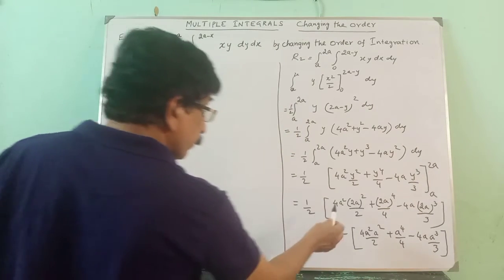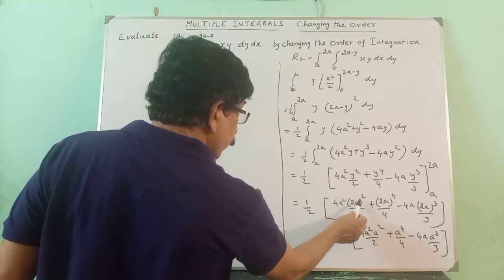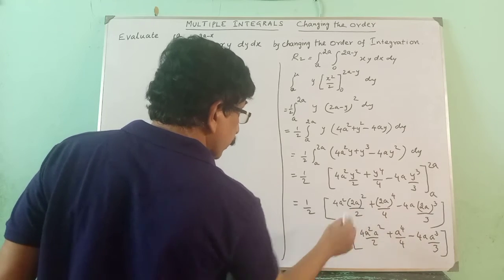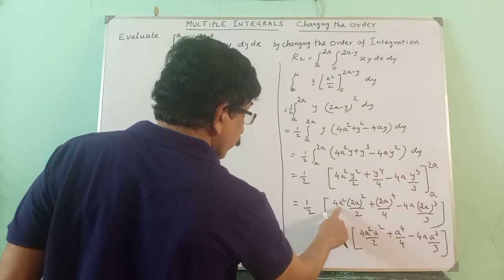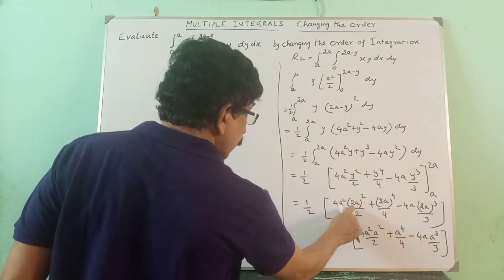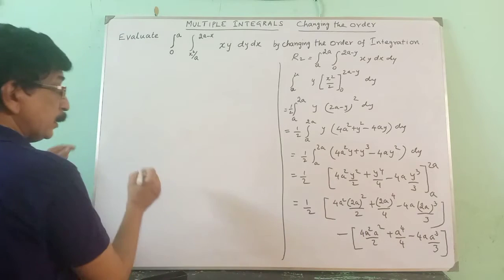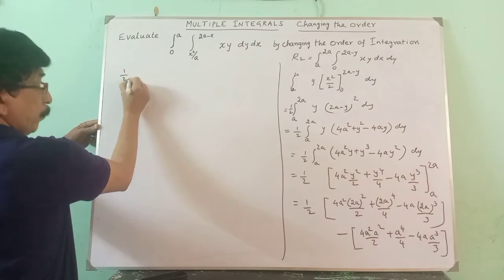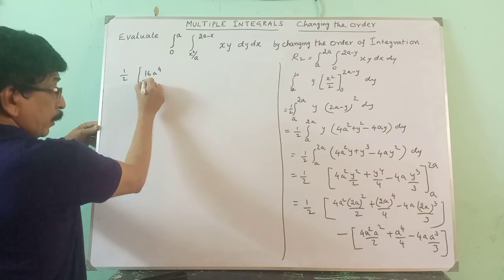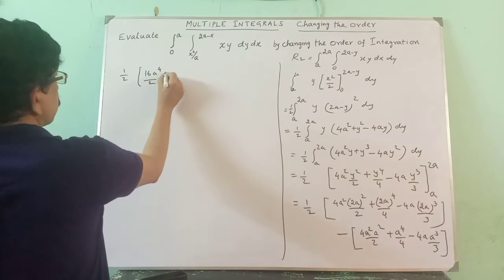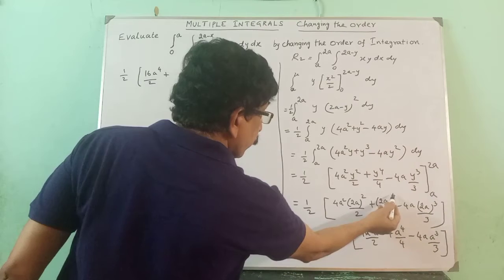By simplifying, 4a square into 4a square is 16a power 4, 4 4s are 16. So 16a power 4 by 2, plus 2 to the power 4 is 16a power 4 by 4.